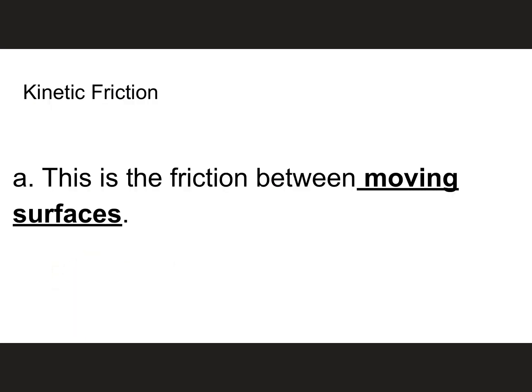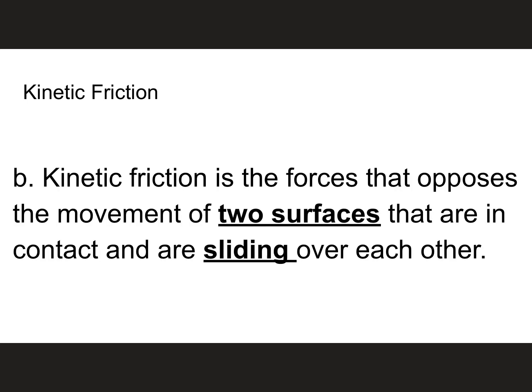The next type of friction is kinetic friction, and kinetic friction is the friction between moving surfaces. So these objects are moving. Kinetic friction is the force that opposes the movement of two surfaces that are in contact and sliding or moving over each other.